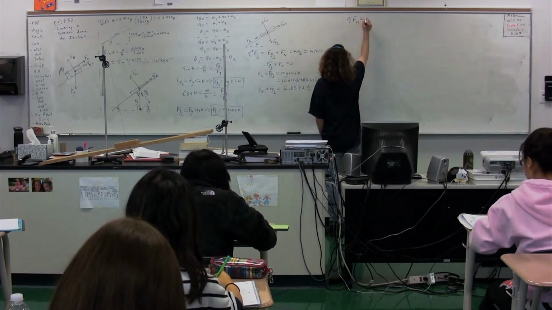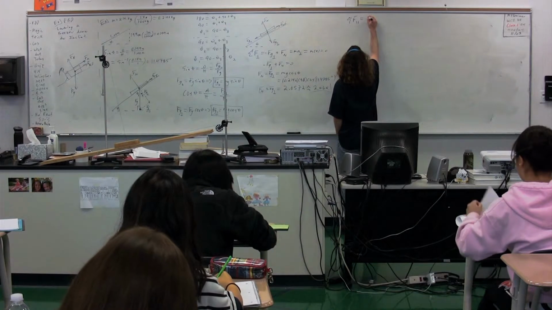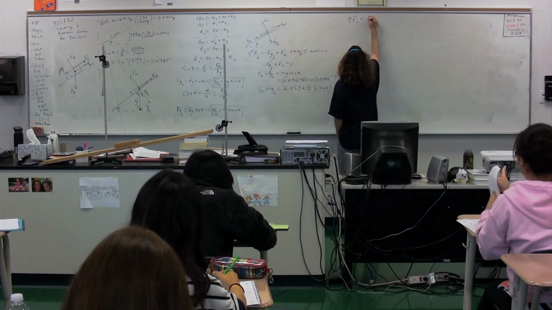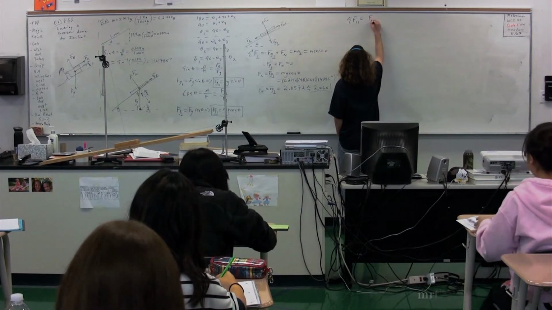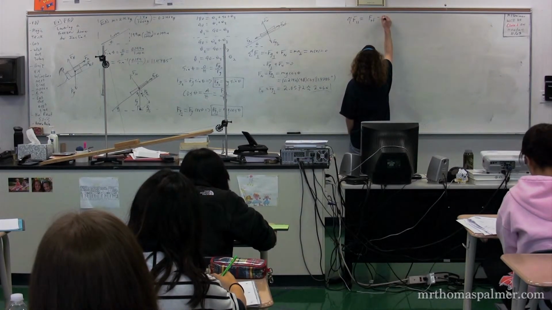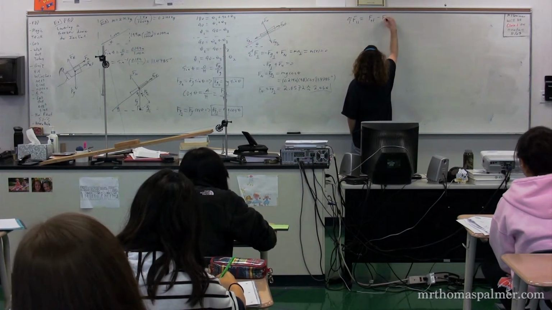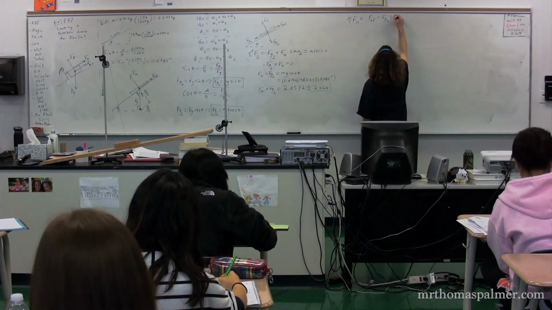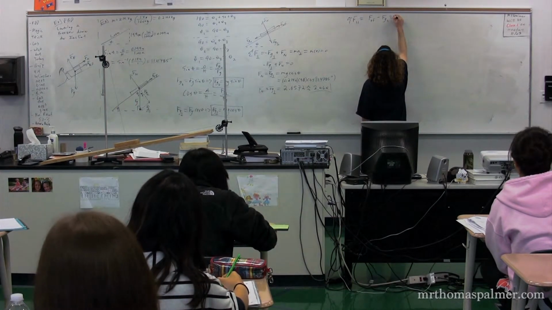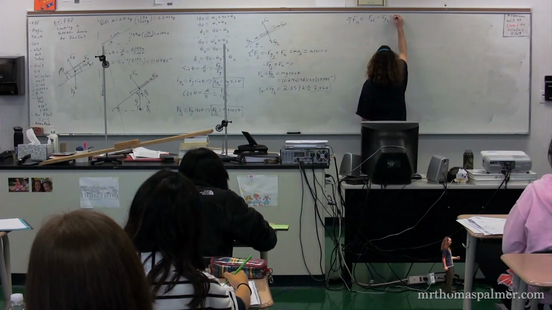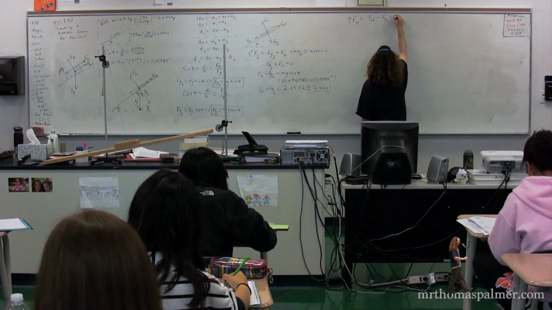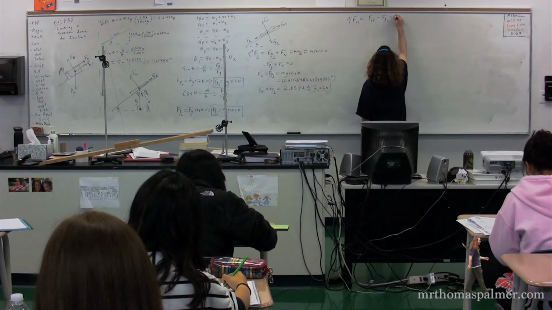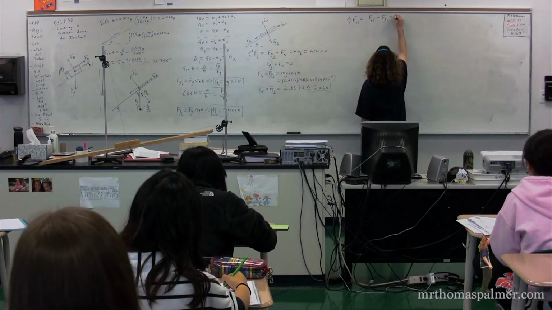So it's going to be the static force of friction, oh no, kinetic force of friction minus the force of gravity in the parallel direction, which equals the force of kinetic friction minus.